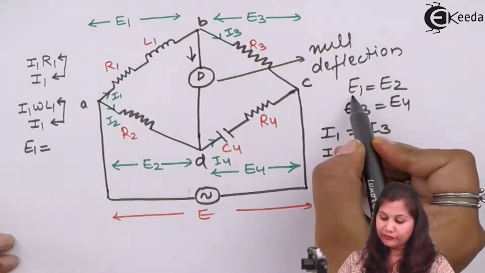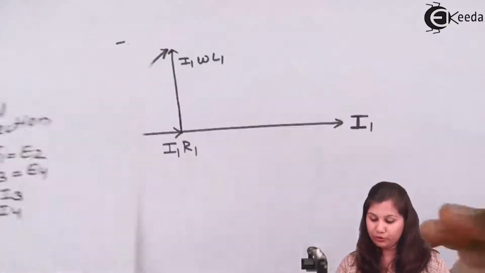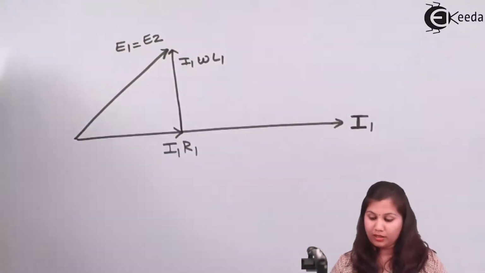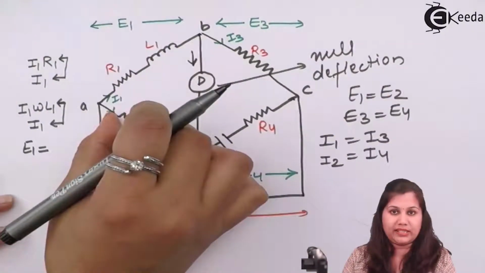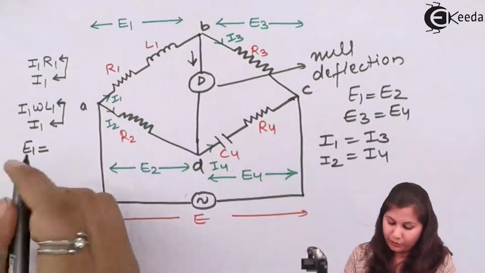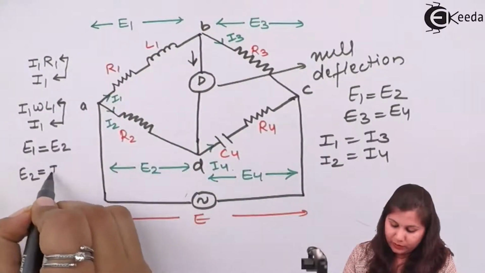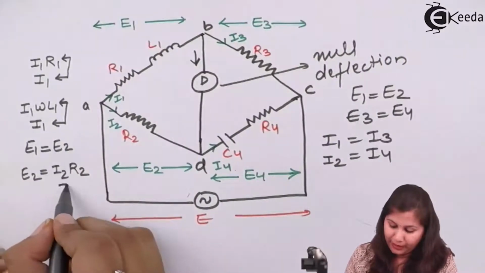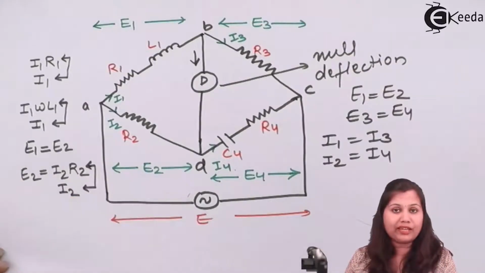We have drawn the phasor for E1. So the E1 phasor will be equal to E2. Now E2 is the potential drop across this resistance, that is I2 R2. So E1 is equal to E2, and E2 is equal to I2 R2. This potential drop and the current I2 across the resistance will be in the same phase.